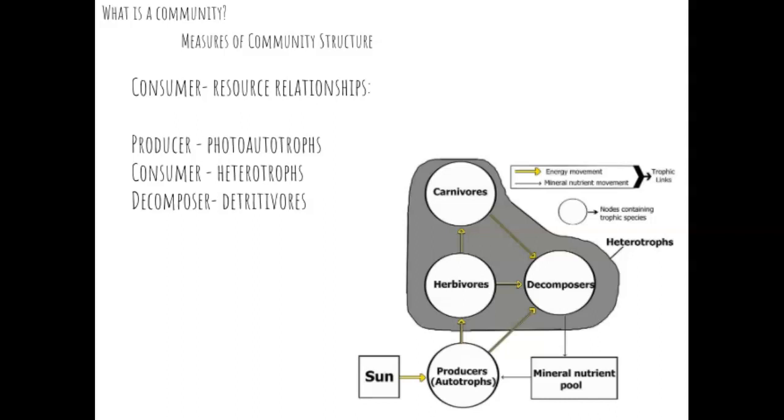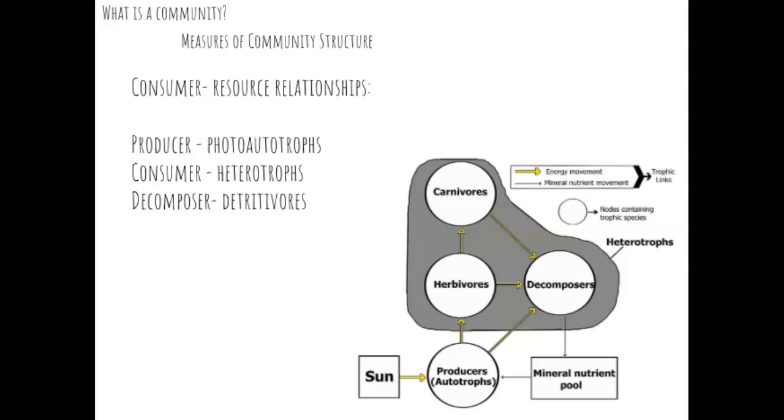Within any ecosystem and within any community, there are complex relationships between these different types of organisms. So we can call our producers or our autotrophs, those are our plants. They're getting their energy from the sun. That energy then gets transferred to herbivores. Herbivores are organisms that only eat plant material, not material from other animals.